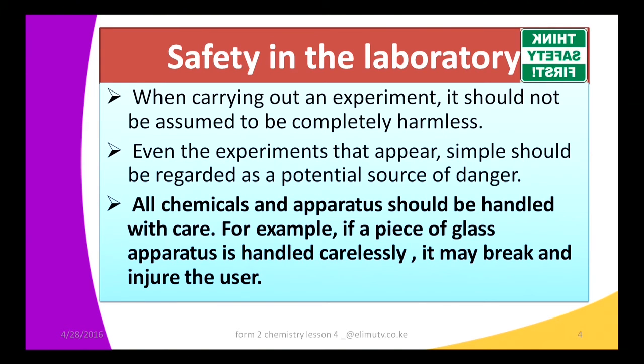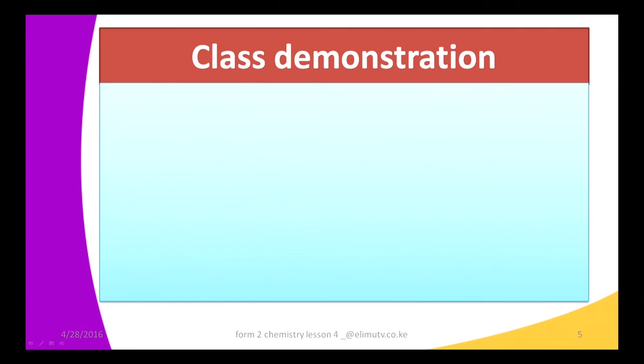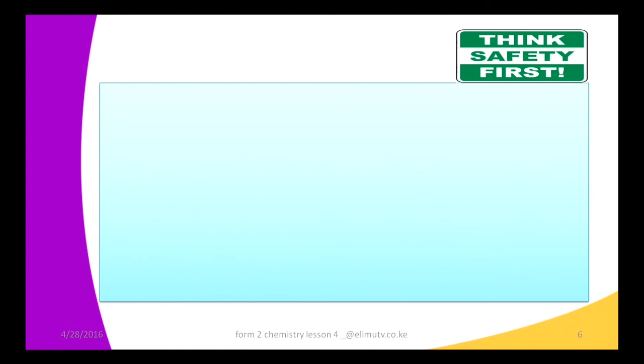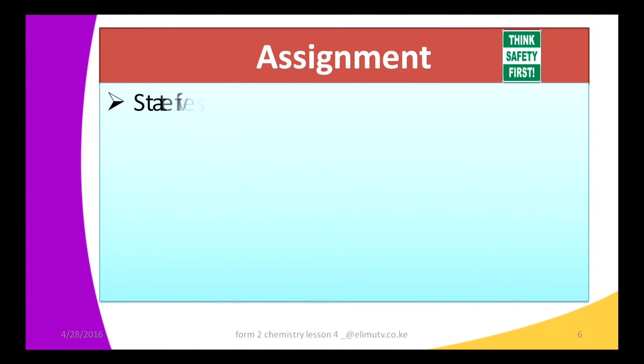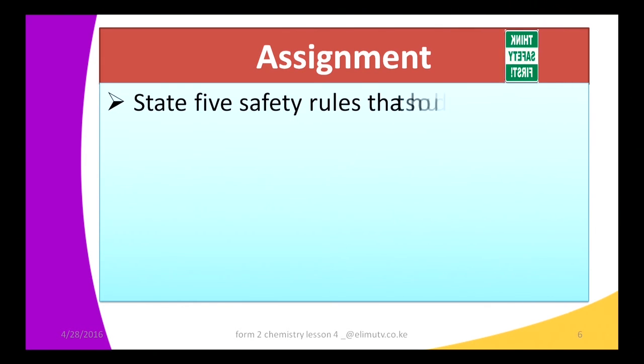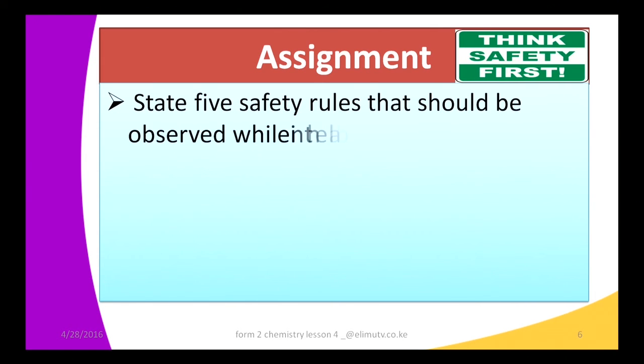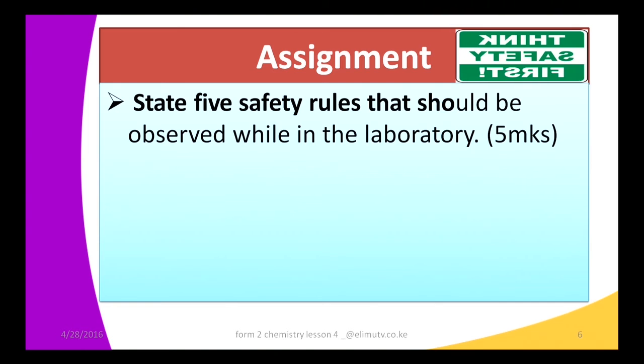Now, having gone through the demonstration, I hope you have understood it very well, and we are now able to discuss these questions that we have here. We want to look at what we can do to help us understand the demonstration that we have seen. Now, we have an assignment, and here I want you to state 5 safety rules that should be observed while in the laboratory.